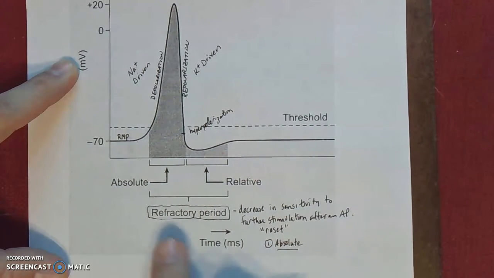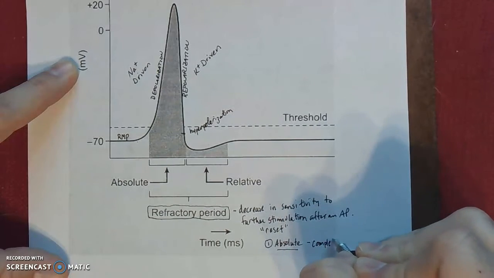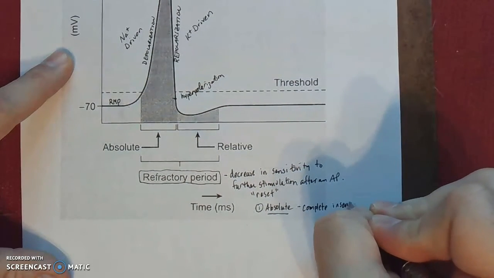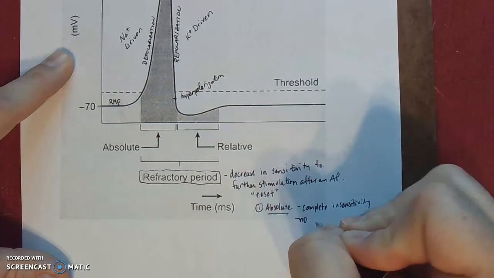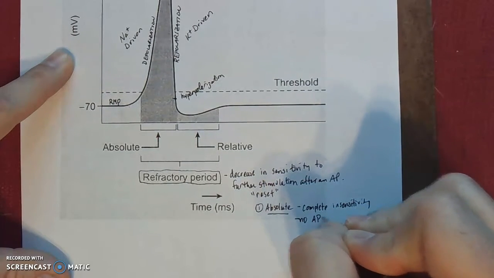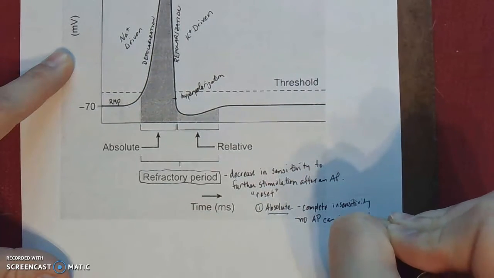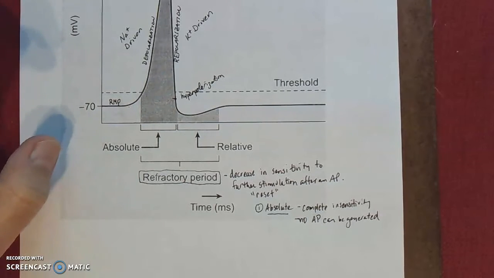During the absolute refractory period, we have complete insensitivity, which means no action potential can be generated. So this is a complete reset, so nothing can happen.